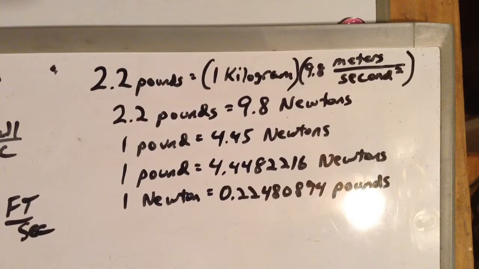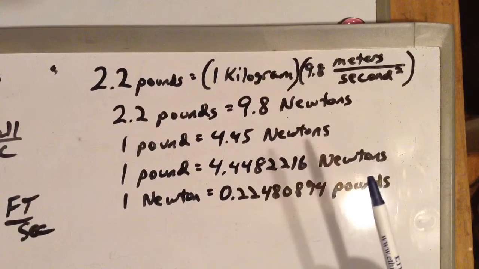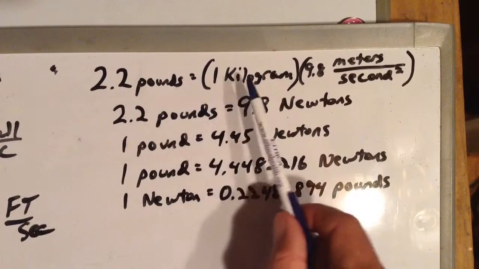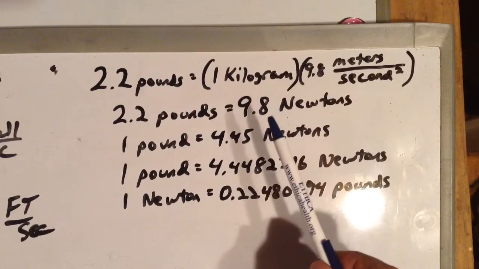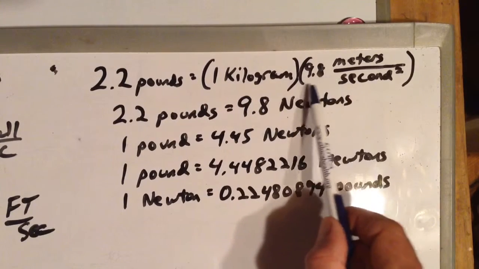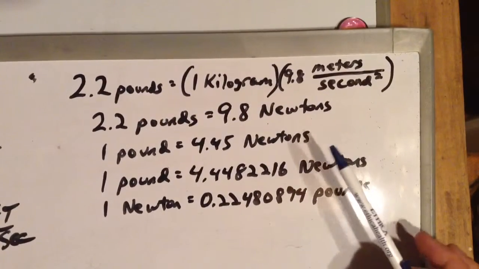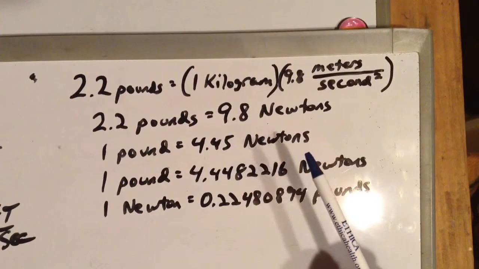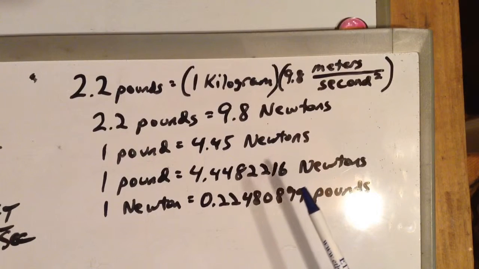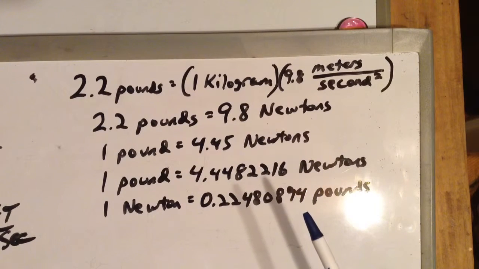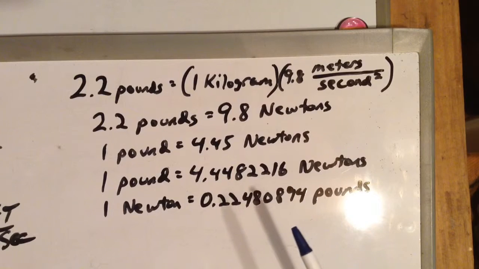A kilogram is a unit of mass, so the force, its weight, is equal to its mass times the acceleration due to gravity, which is 9.8 meters per second squared. The acceleration due to gravity is 32 feet per second squared.